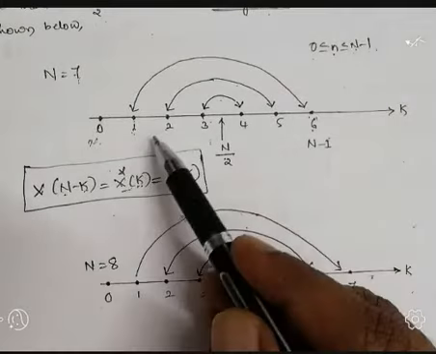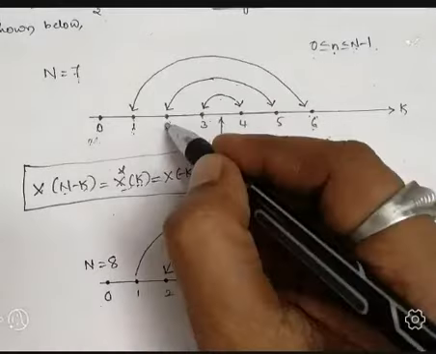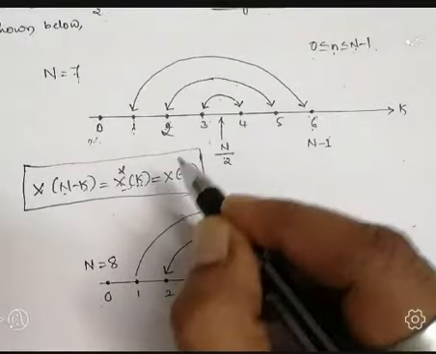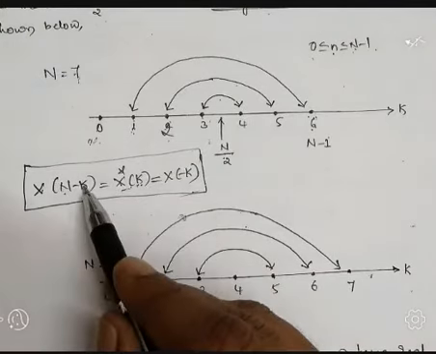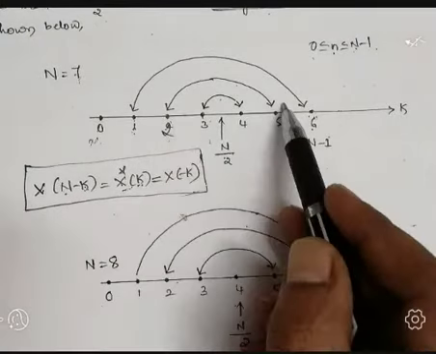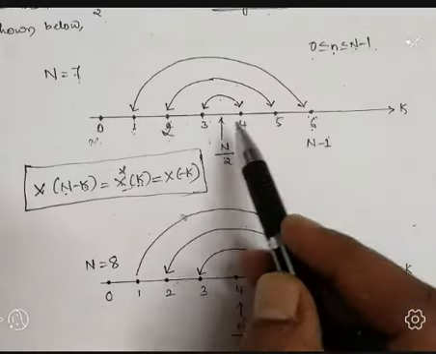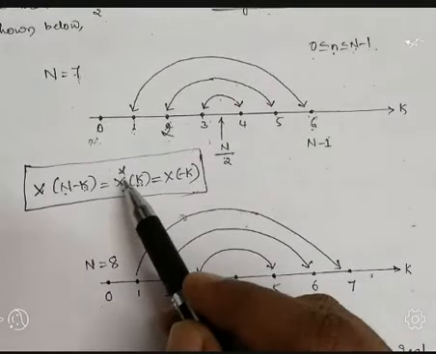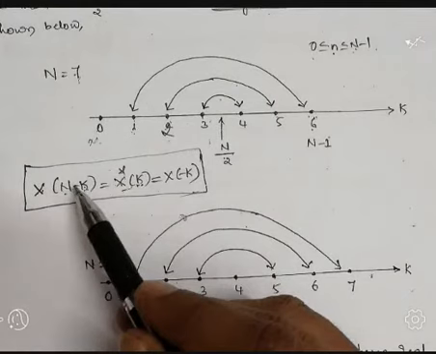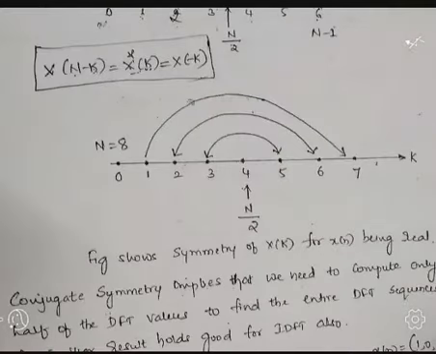Similarly, if you take k equal to 2, the complex conjugate of x of 2 equals x of 7 minus 2, that is 5. Next, if I take k equal to 3, the complex conjugate of x of 3 equals x of 7 minus 3, which is 4. Similarly, it holds good for an even-length sequence also.